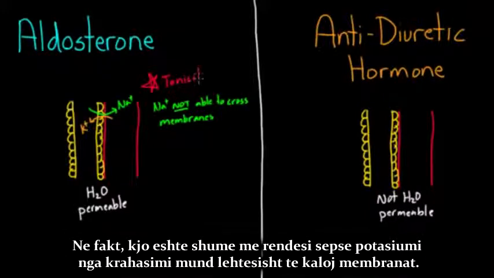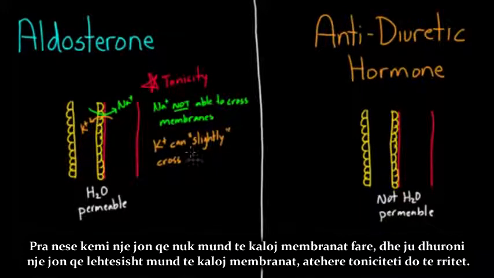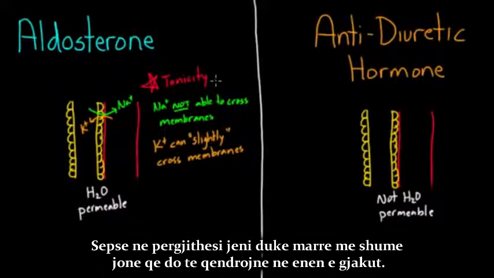And in fact, potassium, by comparison, can slightly cross membranes. So if you have one ion that cannot cross membranes at all, and you give away the ion that can slightly cross membranes, then your tonicity goes up, because overall you're getting more ions that are going to stay in the blood vessel.